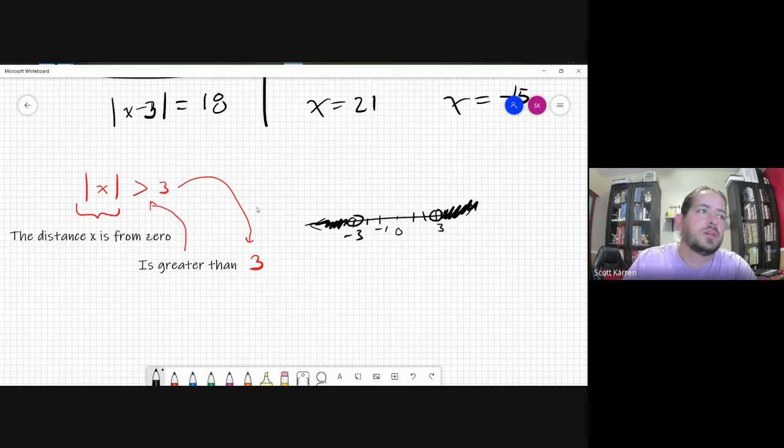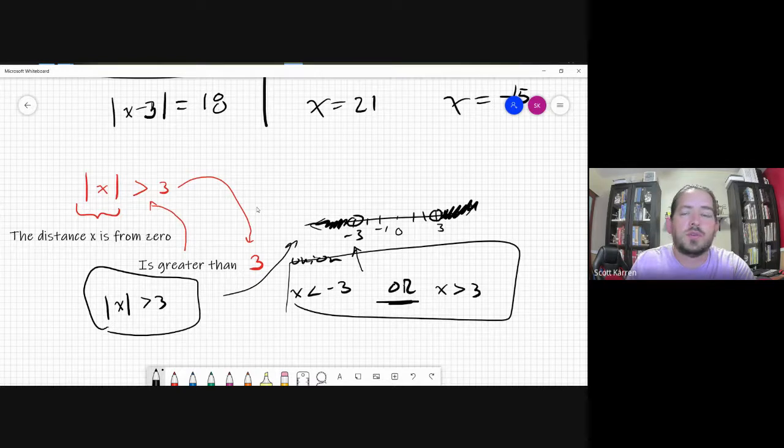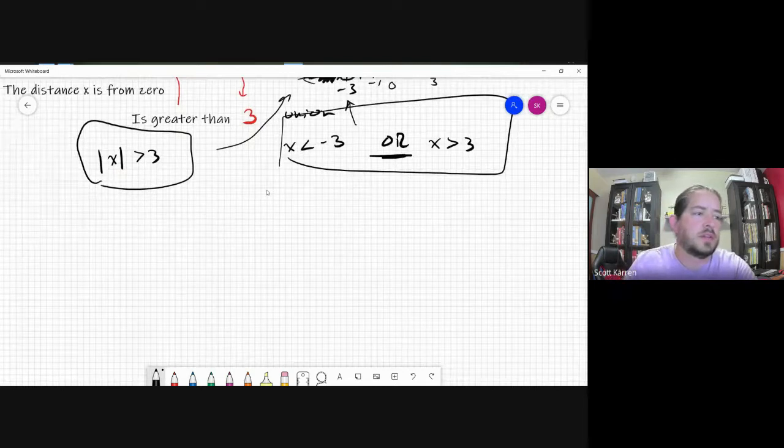So we can look at the absolute value of x is greater than 3 as the union of two expressions. This first one, x is less than -3, describes this. It's an or because it's that union. x is greater than 3. So whenever I have the absolute value is greater than something, it turns into a union or an or statement, and so we would solve it in this manner.